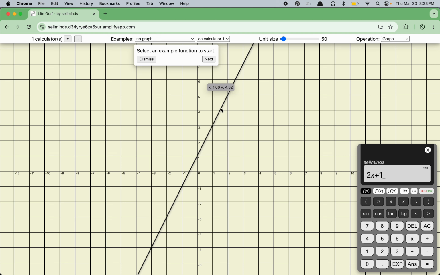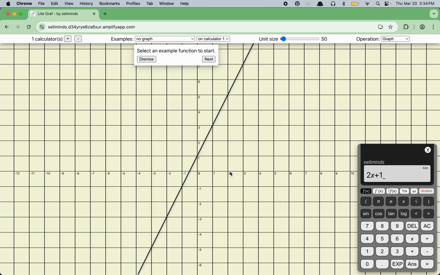So the change in the rise is how many units? The rise is 5 minus 3. And the run, at this point, the value of x is 2. Well, at this point, the value of x is 1. So you have 5 minus 3, which is 2. That's the rise.